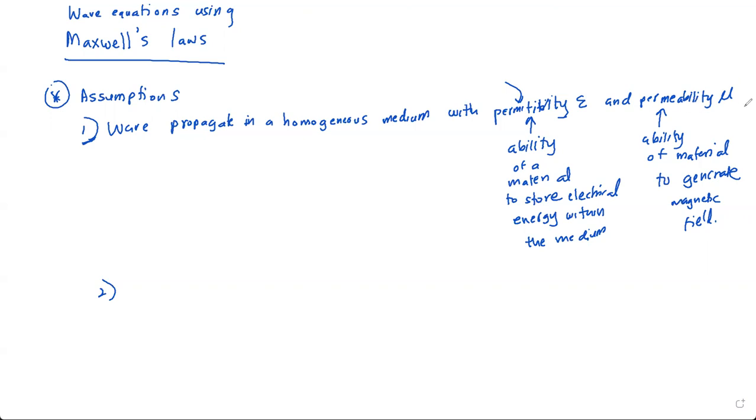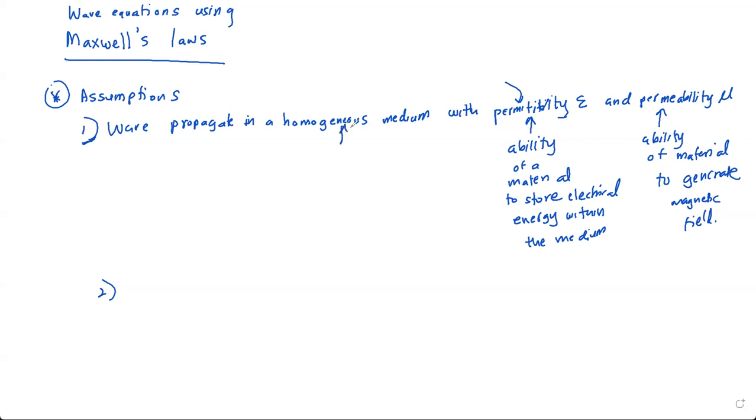So mu indicates how much ability the material has to generate magnetic fields. Epsilon gives us an idea of how much ability the medium has to store electrical energy, or in other words, to generate electric fields. So you can easily remember the meaning of permittivity and permeability.